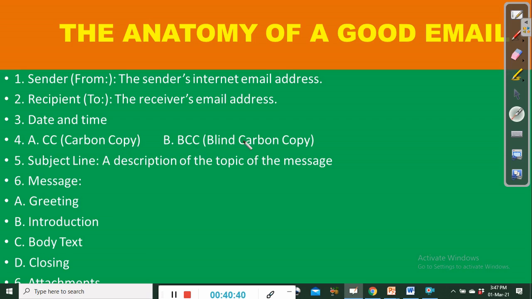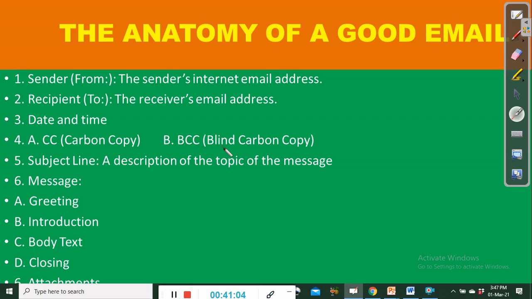Now, the person you send a blind copy to, it is called blind carbon copy because the recipient here doesn't know about any other person that you have sent a copy of this message to. He is only aware of the copy you have sent to them, and that is why it's called a blind carbon copy.